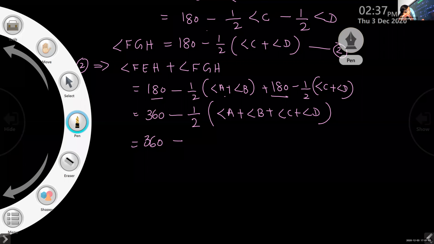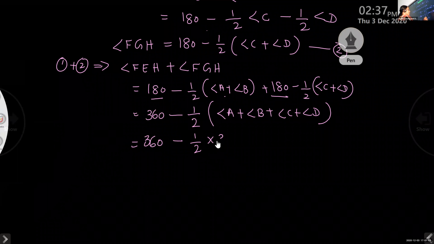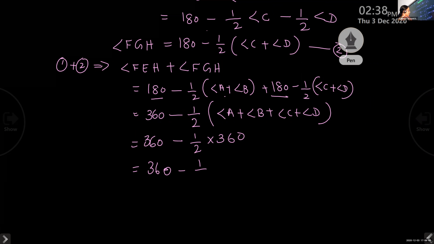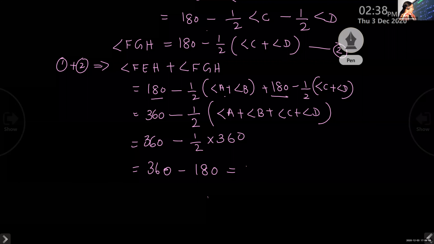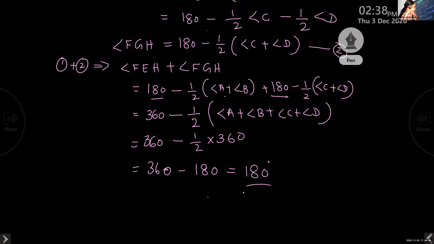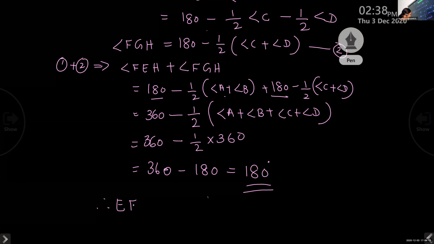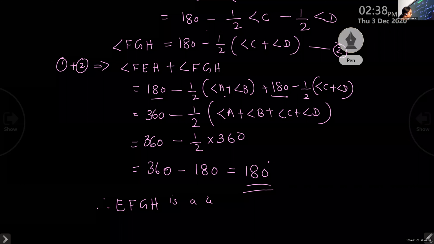So it is half into 360. That is 360 minus 180. So we'll get 180 degrees. Therefore, EFGH is a cyclic quadrilateral.